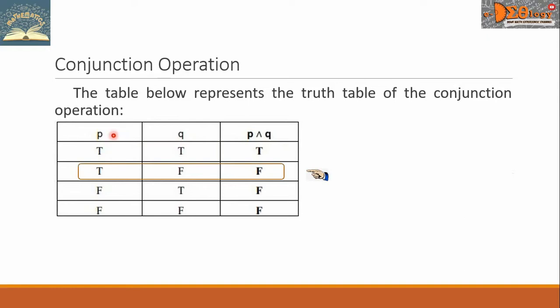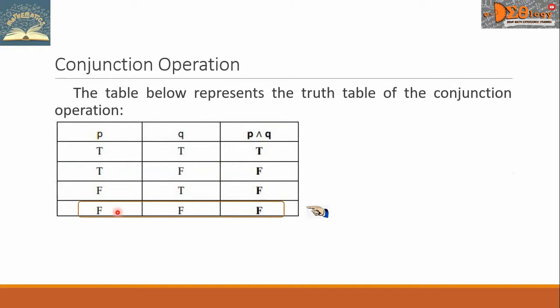Second line, when P is true and Q is false, so we say P and Q is false. When P is false and Q is true, P and Q is false.